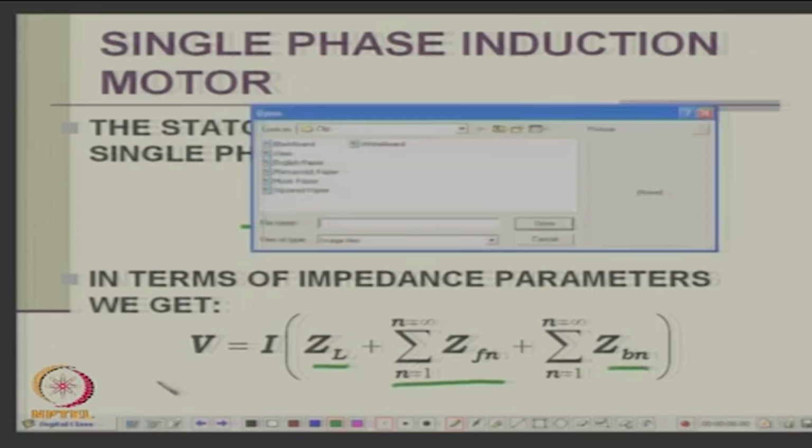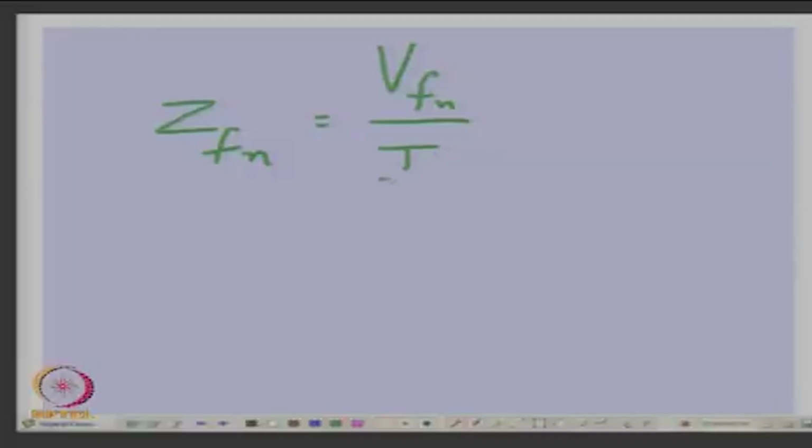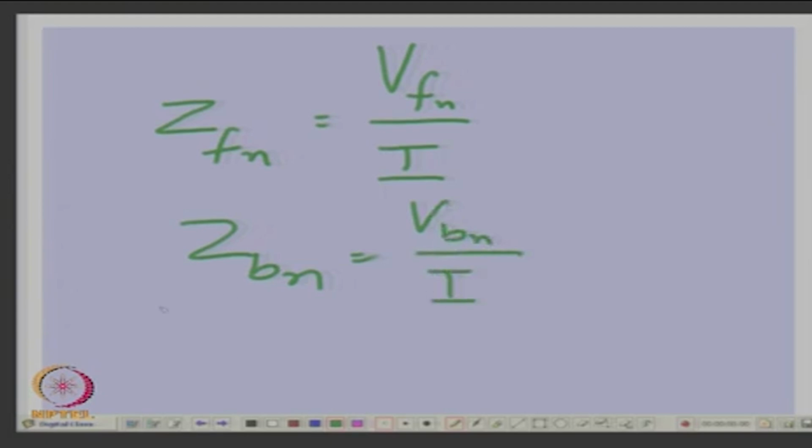So, what we are now defining is that ZFN will be nothing but VFN divided by the current producing it, and ZBN will be VBN, the nth harmonic voltage, divided by the current producing that. So, this is our definition of things.